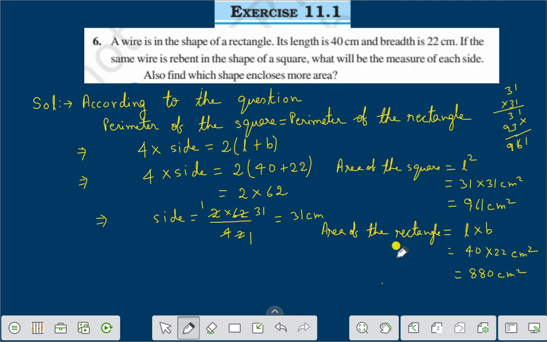If we compare the areas of both, we find that the area of the square is greater than the area of the rectangle, right?